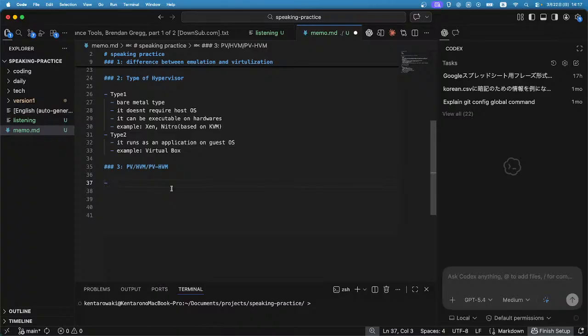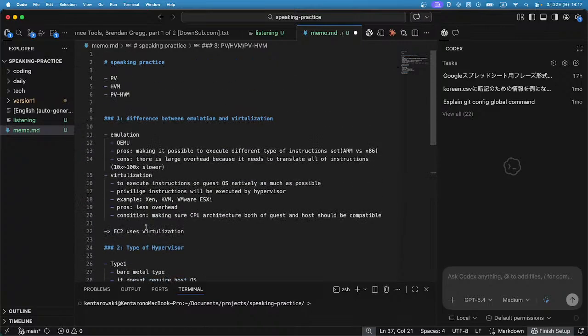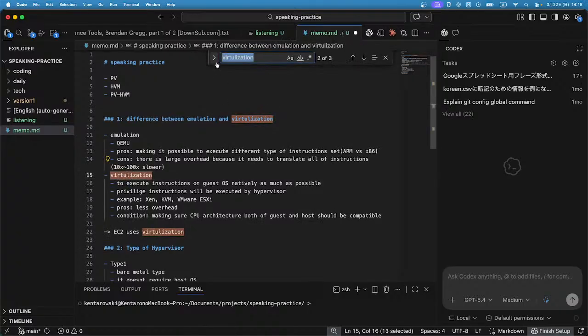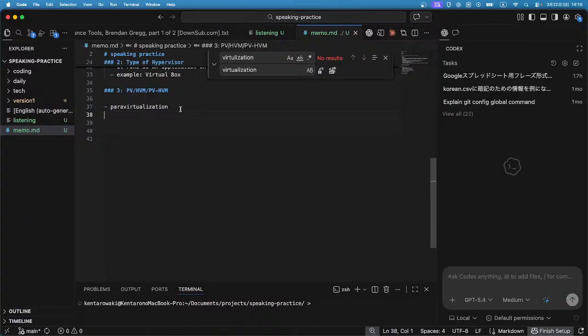PV stands for paravirtualization. 準仮想化 in Japanese.